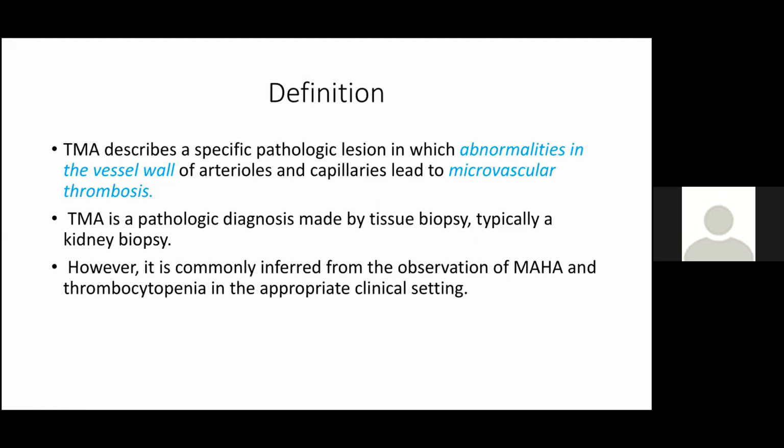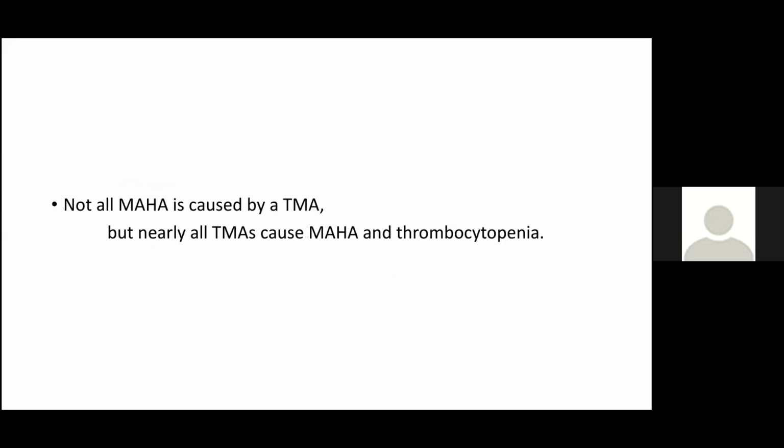However, it is commonly inferred from the observation of microangiopathic hemolytic anemia and thrombocytopenia in the appropriate clinical setting. Not all microangiopathic hemolytic anemia is caused by thrombotic microangiopathy, but nearly all thrombotic microangiopathies cause microangiopathic hemolytic anemia and thrombocytopenia.